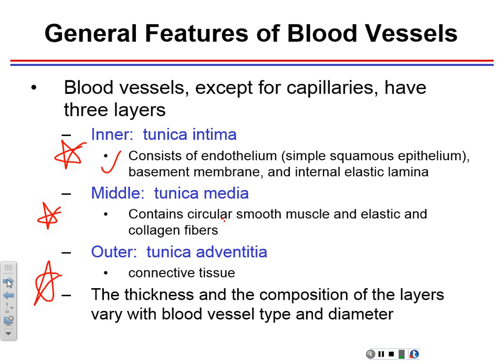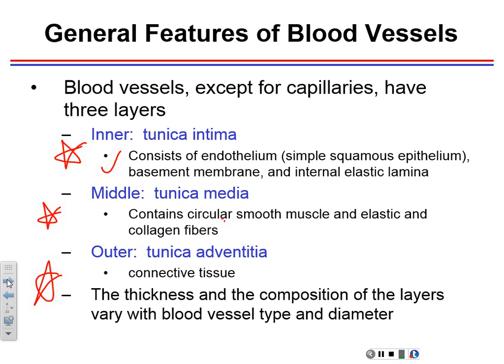And the ones that contract a lot and recoil a lot, the elastic ones, have less connective tissue, because the more connective tissue you have, what happens? You restrict the stretching and all that. You don't want to do that. It's like you're going against what you're trying to do. If you have more elastic tissue, then you don't have too much connective tissue, because the connective tissue will kind of stifle the blood vessel. Right? Okay, so be able to explain all these and what the components of each of these layers are.